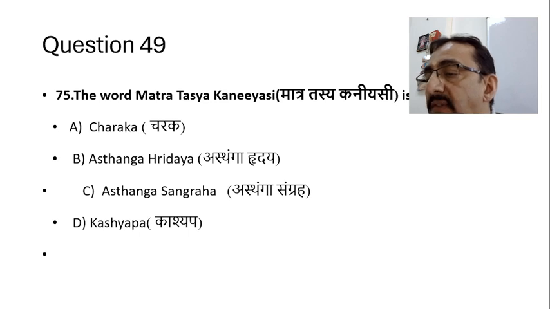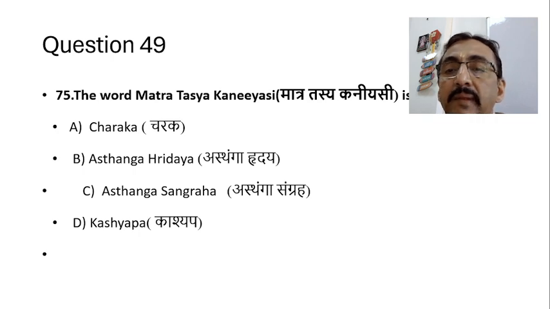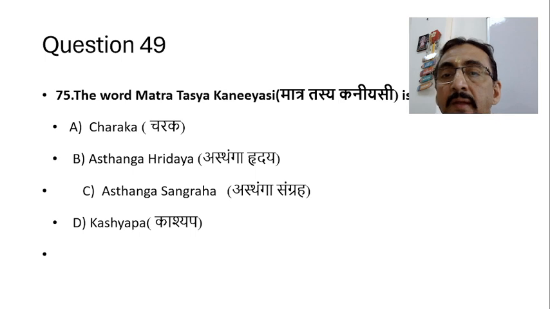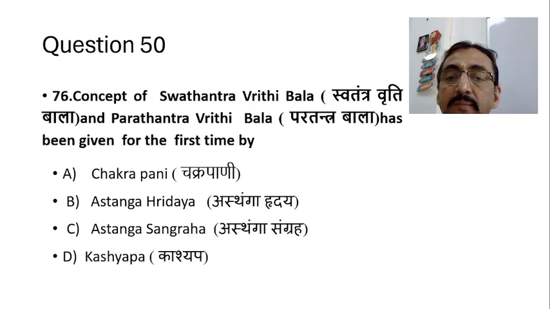The question is 'Matra tasya kaniyasi', is it by Charaka, Ashtanga Hridaya, Ashtanga Sangraha, or Kashyapa? So this is the question. I leave this question for you. You have to identify that.